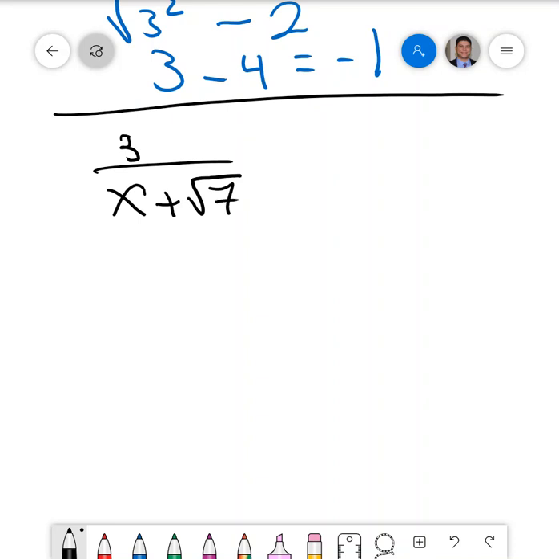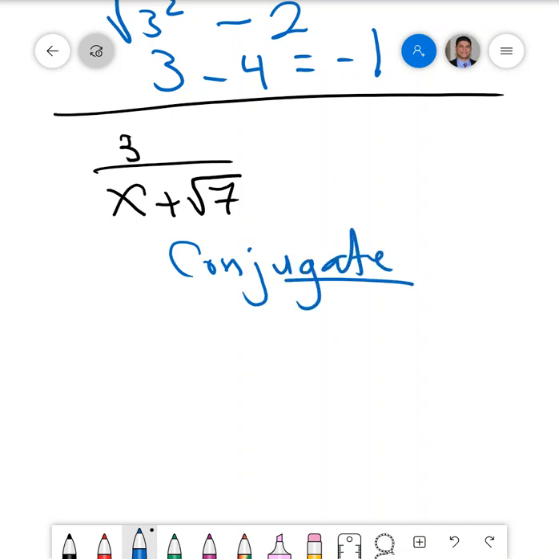How can we get rid of radical here? So we need to multiply by conjugate. So the conjugate of denominator here is x minus radical 7. Same expression with opposite operation.